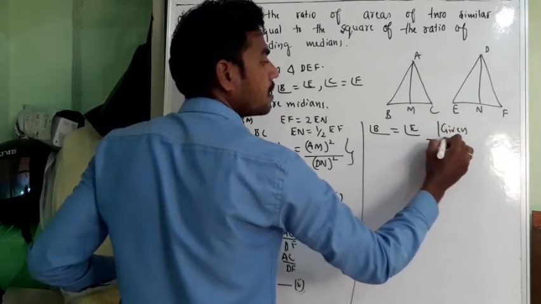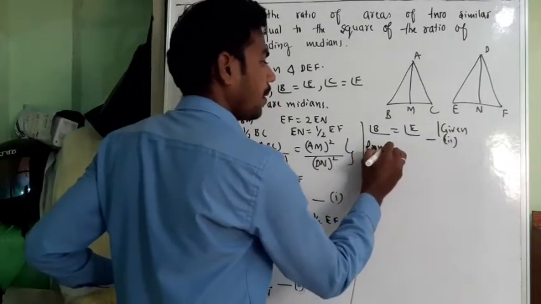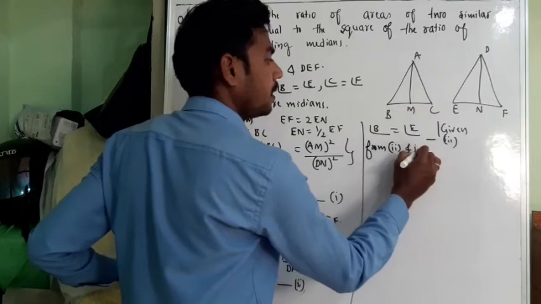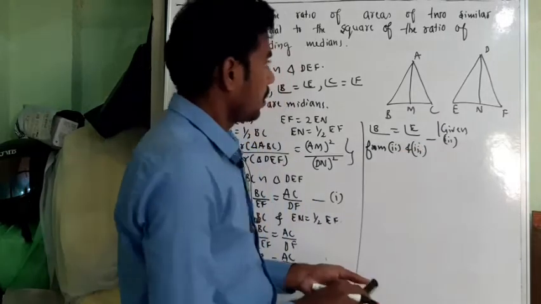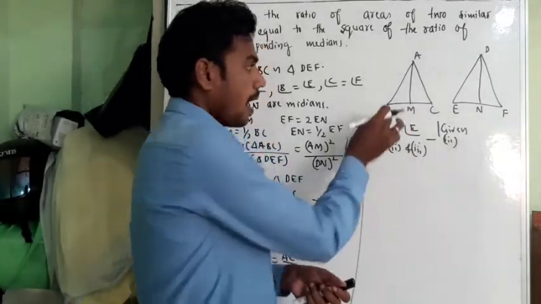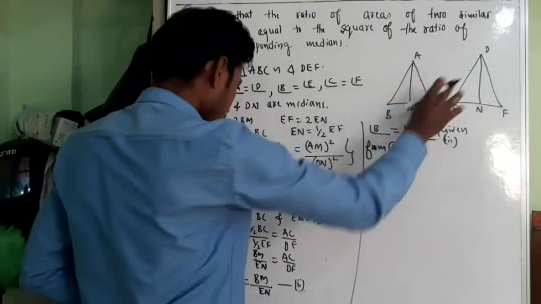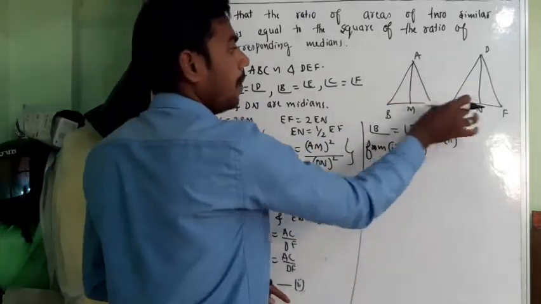So I call it equation number 3. From 2 and 3, in triangle ABM and triangle DEN, angle B is equal to angle E, and AB by DE is equal to BM by EN.